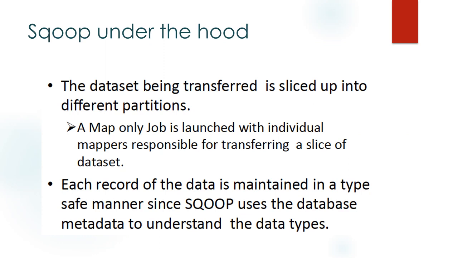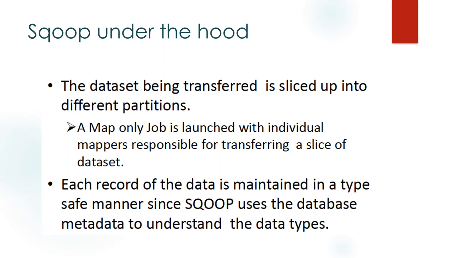It is first sliced into different partitions. Like if you have, let's say, a 1,000-row table, it is divided into multiple parts. Then a map-only job is launched with individual mappers responsible for transferring a slice of data.